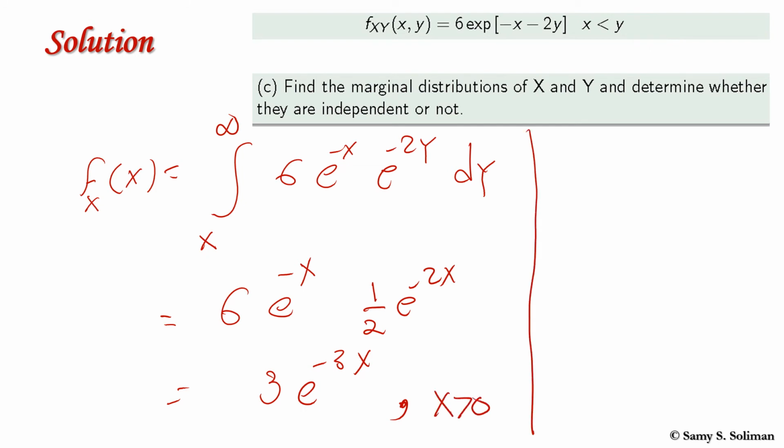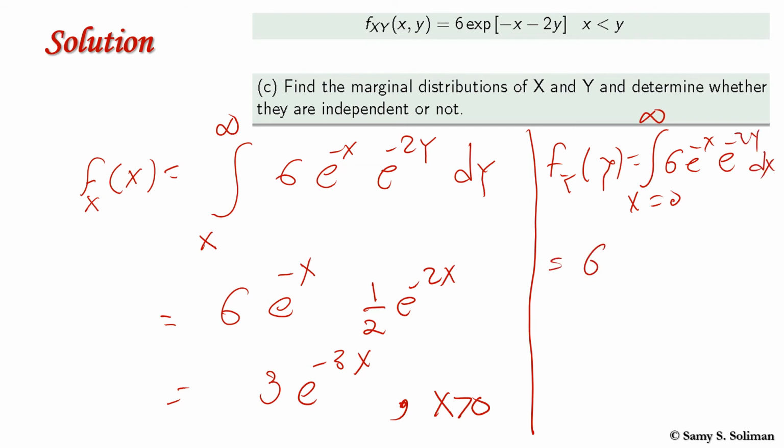Similarly, if we want to calculate f of y, we integrate over the values of x, that's from x equals 0 to infinity, for 6 e power negative x e power negative 2y dx.